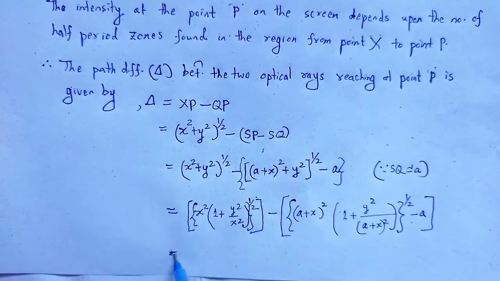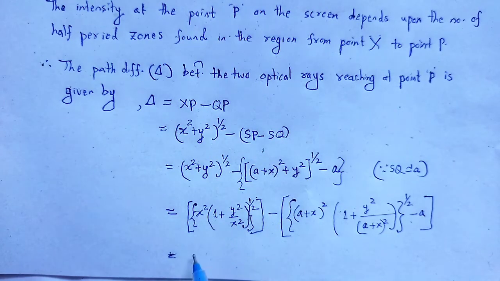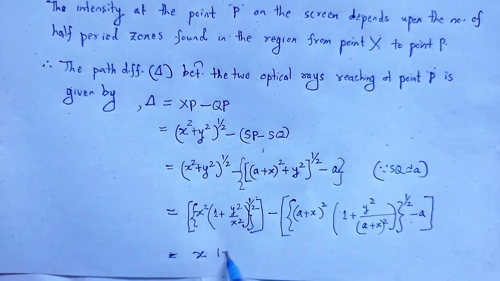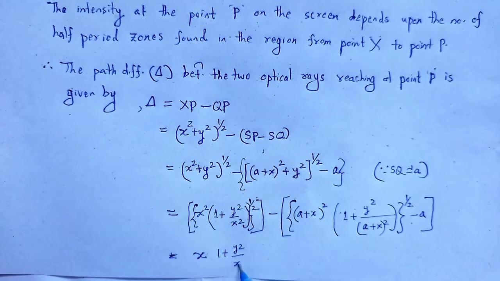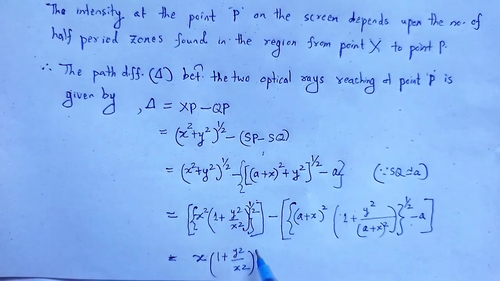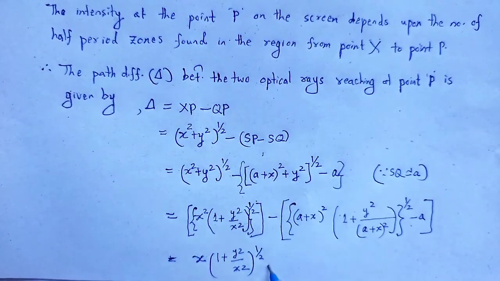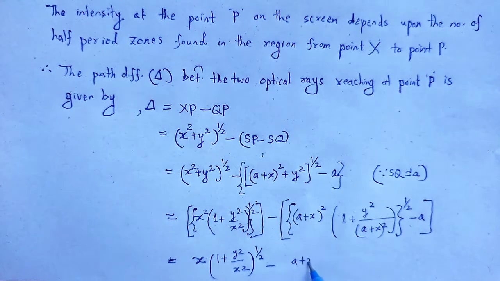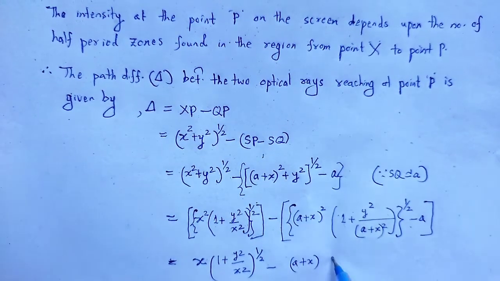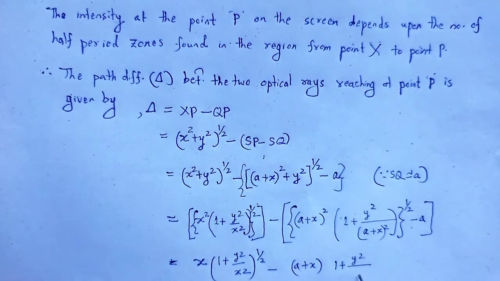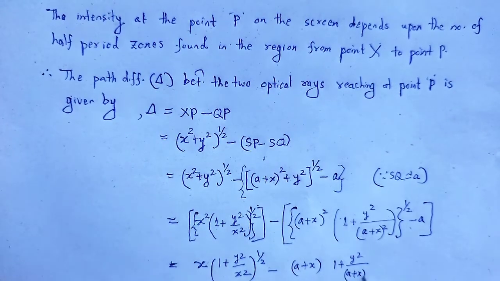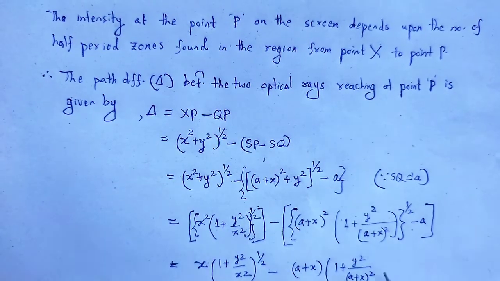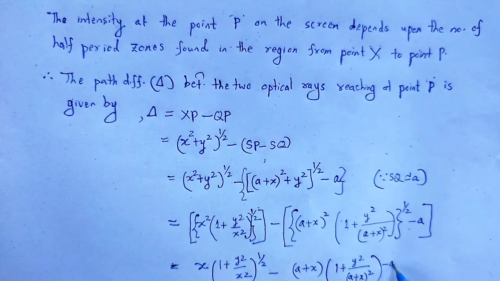Now under root of x square is x, 1 plus y square divided by x square to the power half, minus a plus x, 1 plus y square divided by a plus x square, minus a.